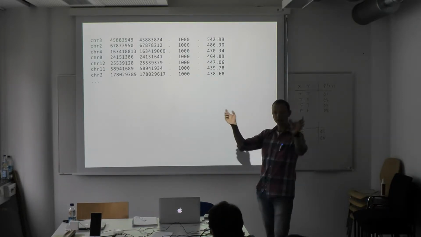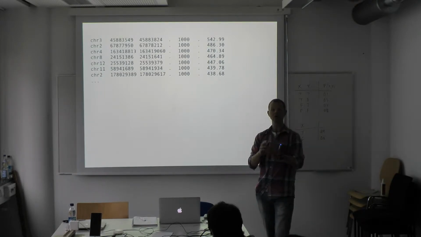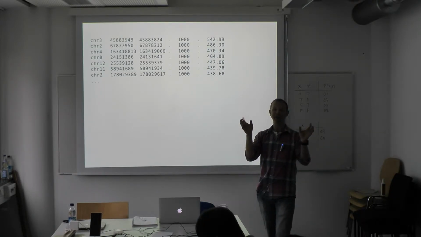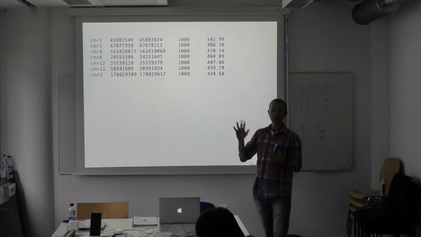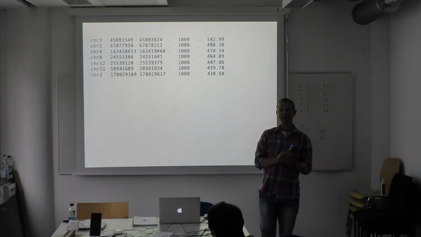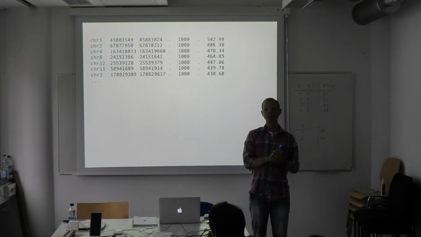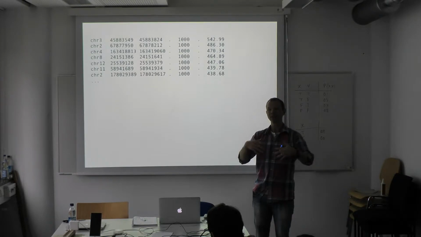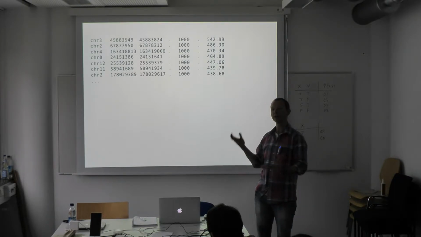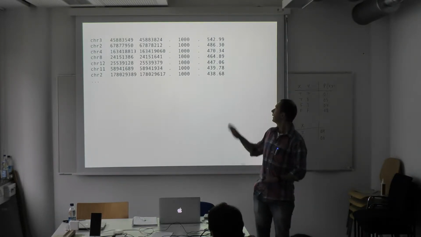And the two together are the start and end of something that is being flagged as special. Then there are a number of fields that are optional in a bed file, and some of which will contain information about the statistical evidence or the statistical assessment of that call being made.